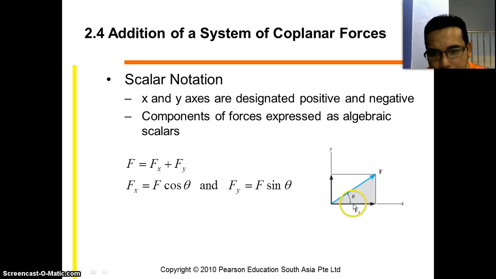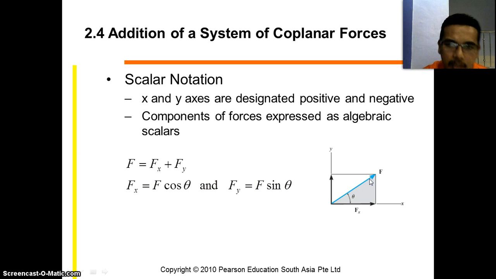If we add this magnitude and direction, this vector in the x direction, and then add this vector in the y direction, it is equal to this vector, because this is a triangle. Fx, the vector in the x axis, plus the vector in the y axis is equal to this force.